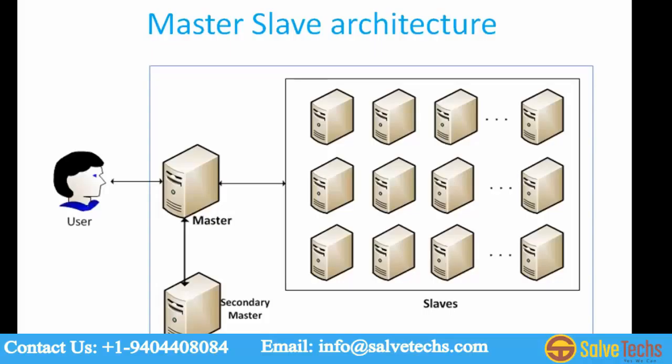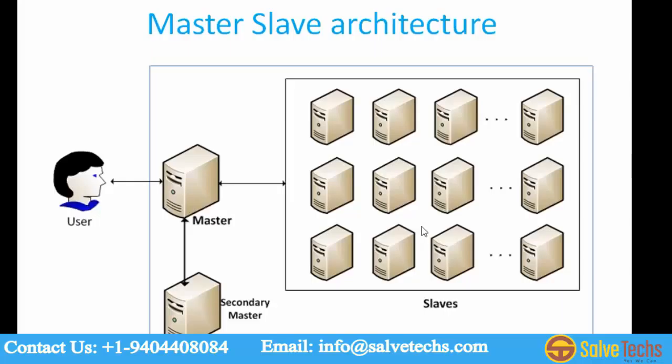Just like the principal was giving instructions and distributing the job among teachers, similarly in Hadoop, the master machine is distributing the task among slave machines. So we have one master machine, and one secondary master, because in case the master is down, there must be some backup, just like in school there is a vice principal who can take care of the responsibilities. Apart from master and secondary master, all other remaining machines are slave machines.